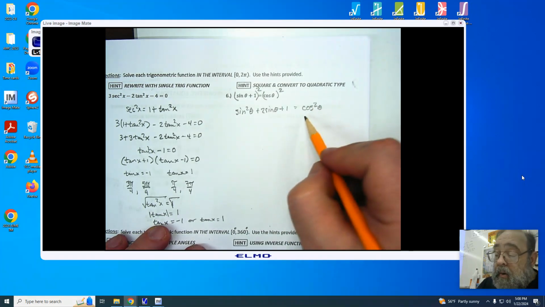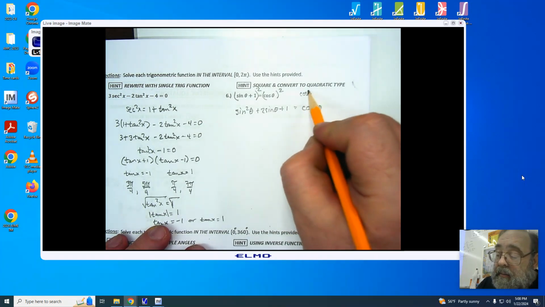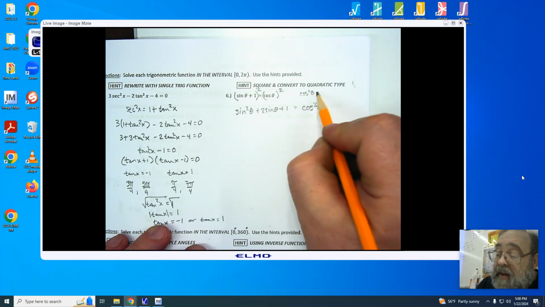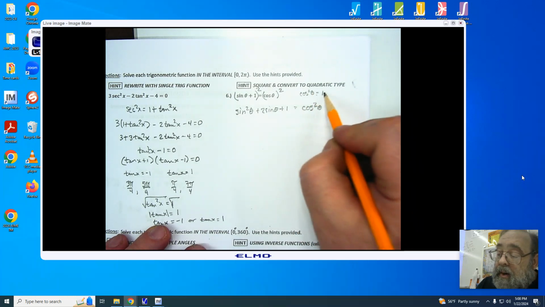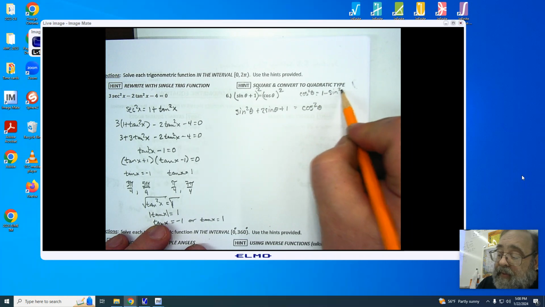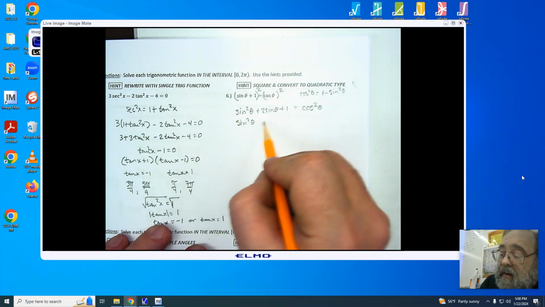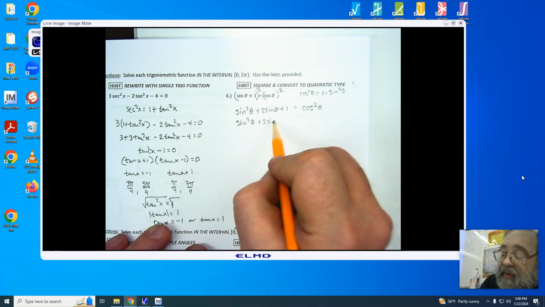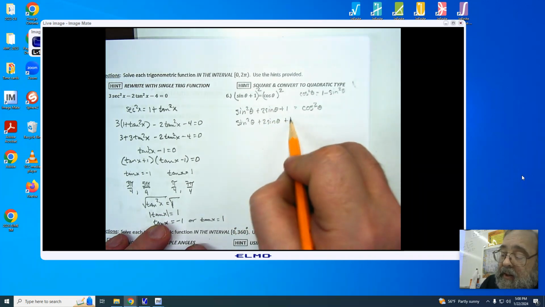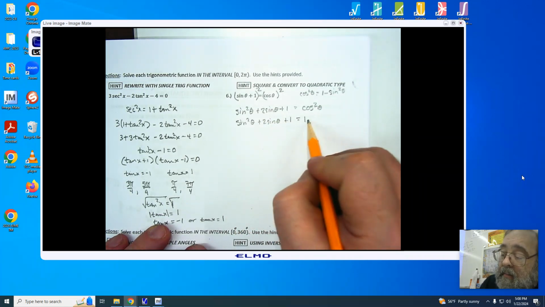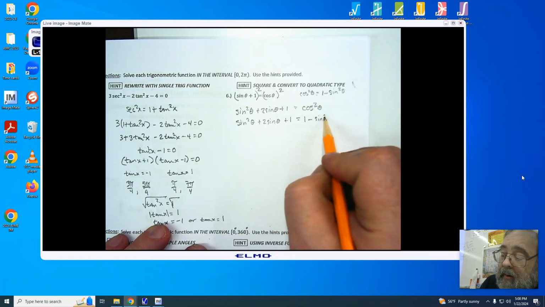I can now work with my cosine squared of theta is going to be equal to 1 minus sine squared of theta, so that the sine squared of theta plus 2 sine of theta plus 1 is going to now equal 1 minus sine squared of theta.